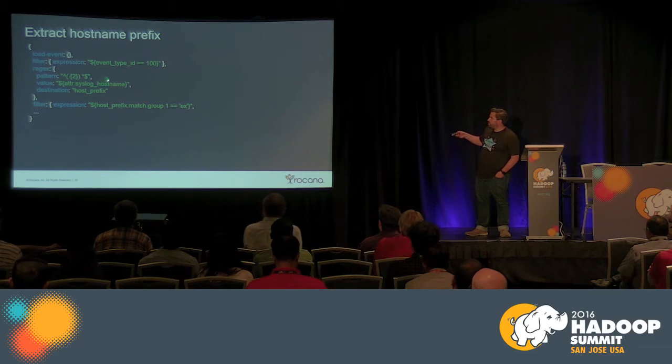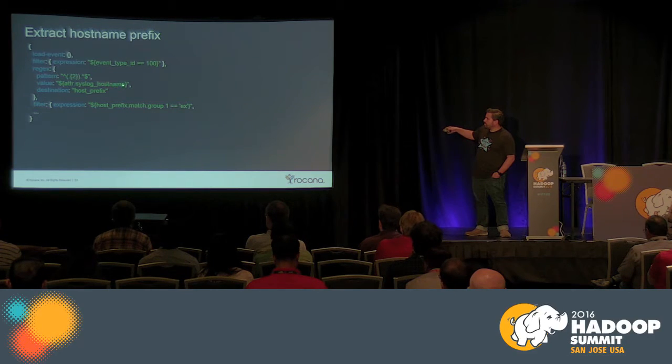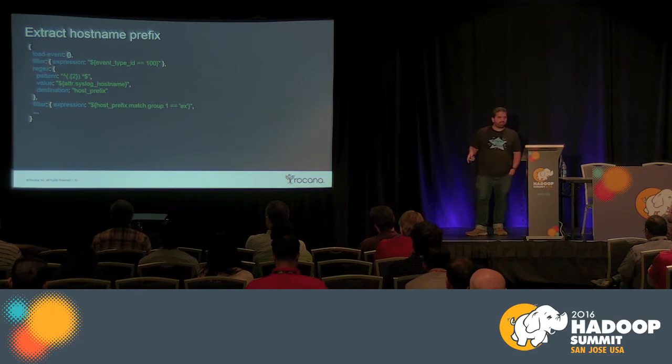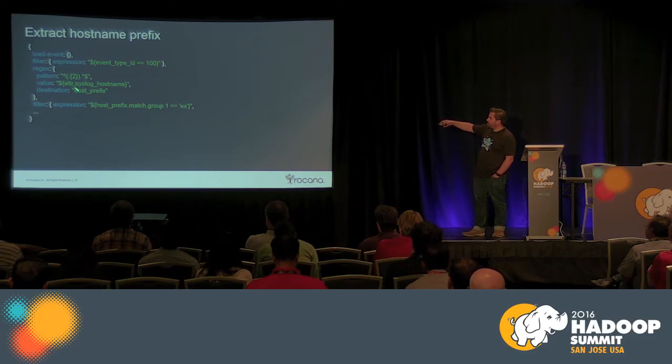So zooming into extracting the hostname prefix, we're applying a regular expression that just looks at the first 2 characters. It's going to pull those first 2 characters from the syslog hostname, and then it's going to put it into this destination. Destination isn't really a great name for that because it's actually a prefix for variables. So basically, all of the matching groups that you had in the regular expression will become variables that look like this.